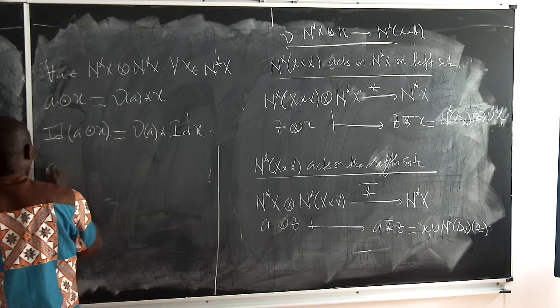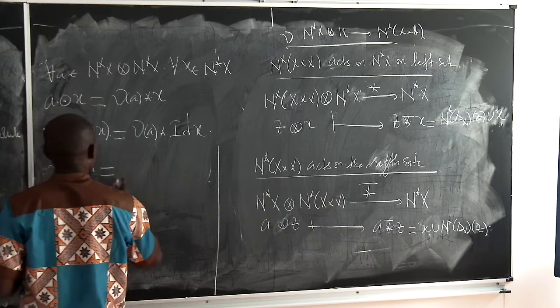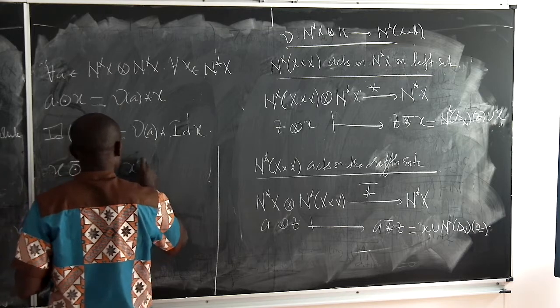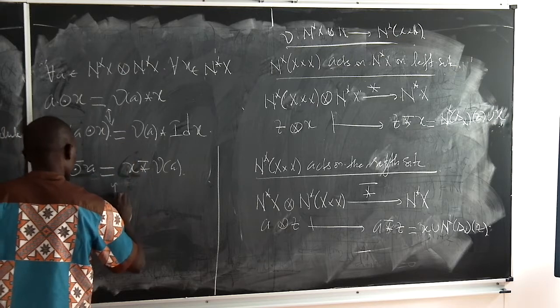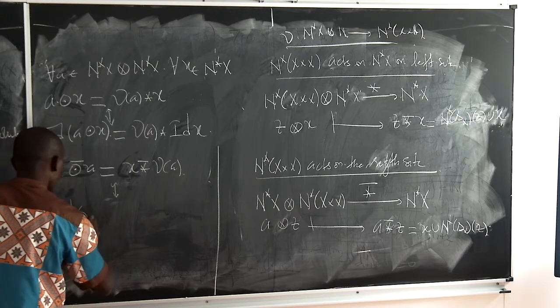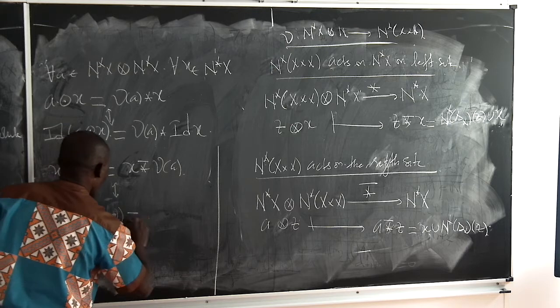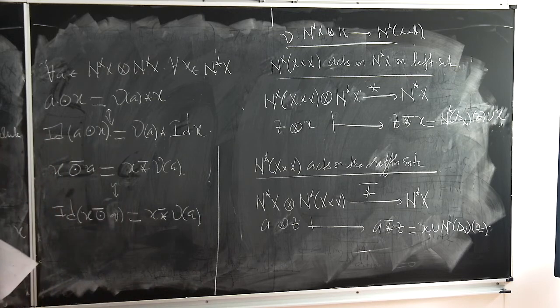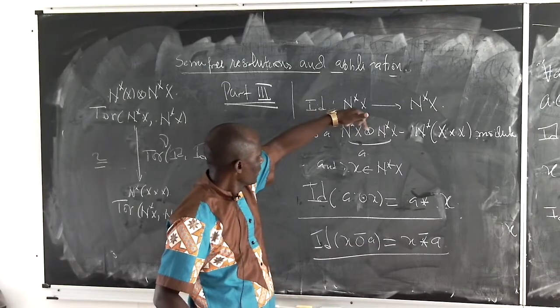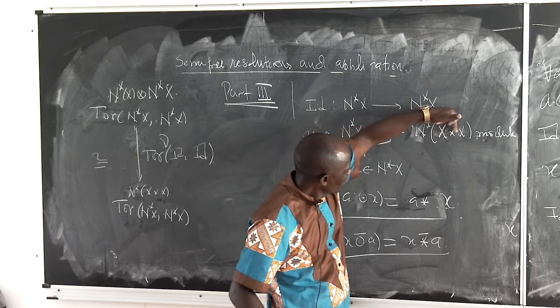For the right side, we have A, the right side, equal to X. So this is also exactly equivalent to the identity of X, A here equal to X star bar nu of A. It means that the identity are exactly a map of Nx tensor Nx, Nx of N of X cross X module.